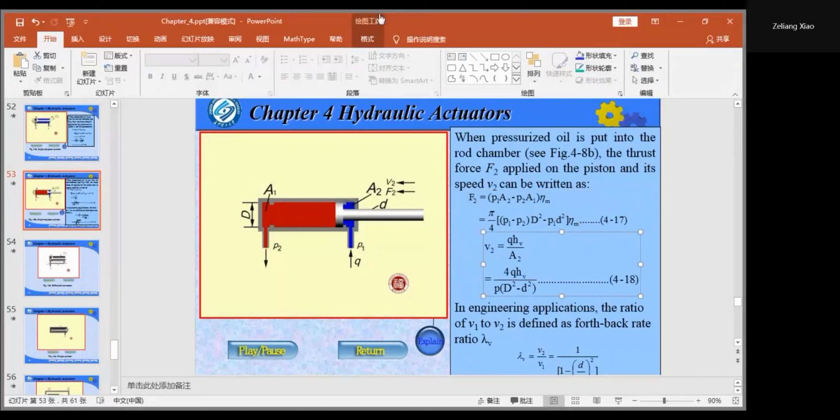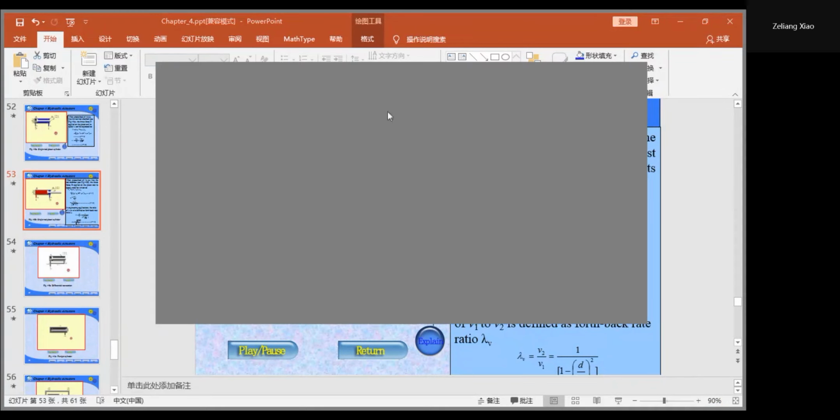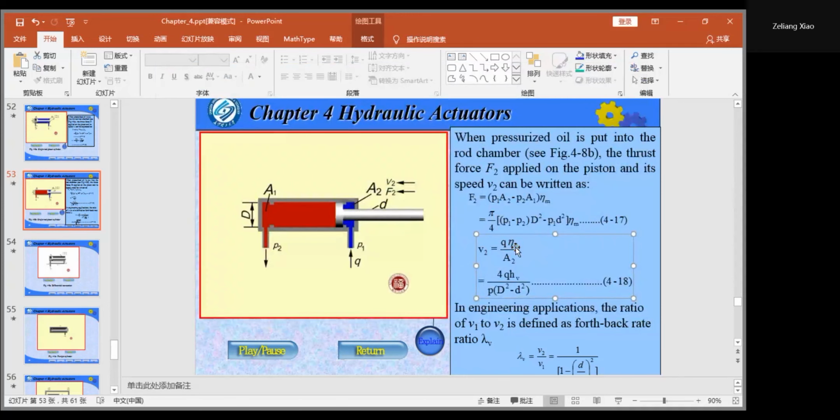So we can also get the speed, which also equals the flow rate divided by the area, multiplied by the volumetric efficiency. So we can get the figure of what we do.